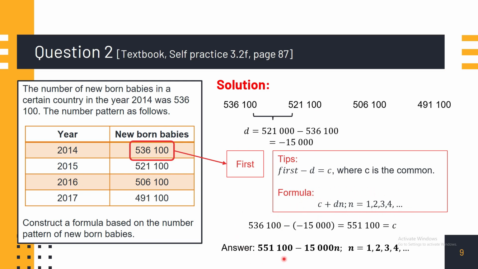This is c, 551,100 minus 15,000, minus 15,000 because the d is negative 15,000, n, where n equals 1, 2, 3, 4, and so on. This is how you determine the formula. Simple only. You can use these tricks in how-to questions in your exam later.